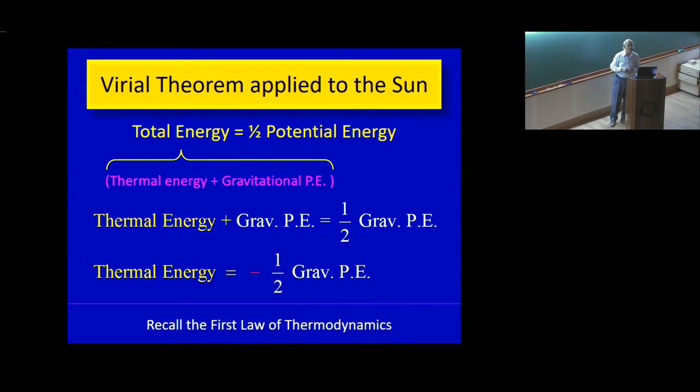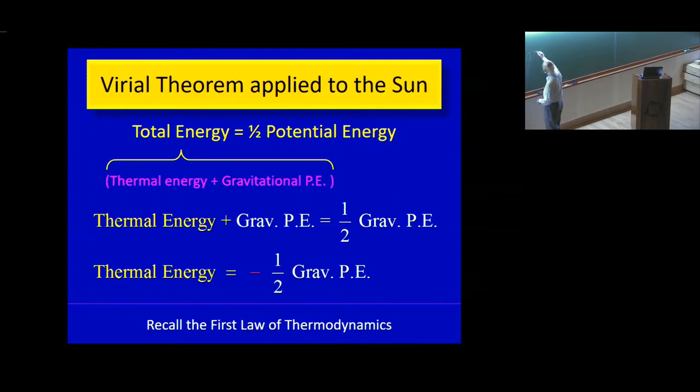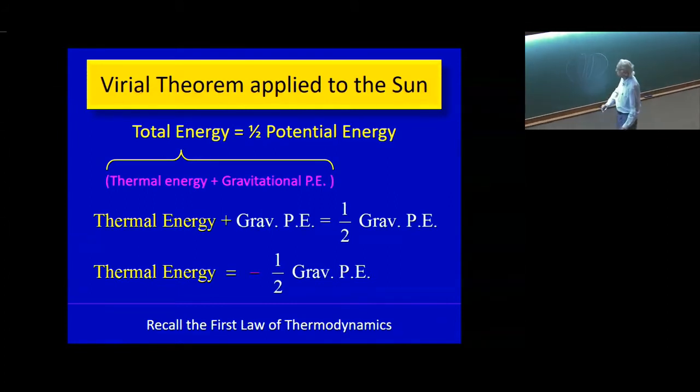Now, what is the gravitational potential energy of the sun? Well, let's try to estimate it. The best way to estimate it is, let's take the sun and mentally split it into two halves, each with a mass M/2.